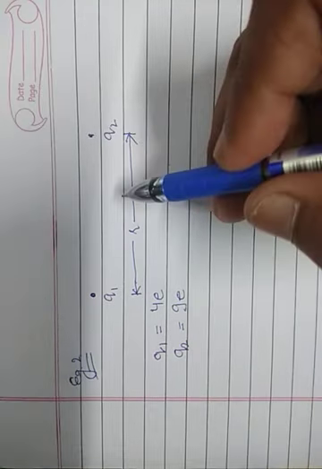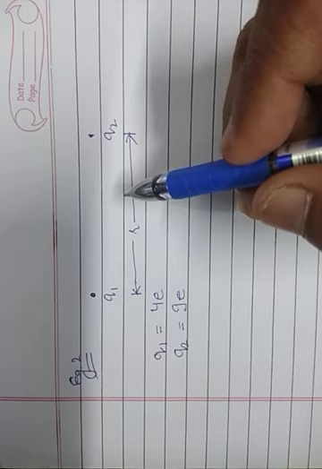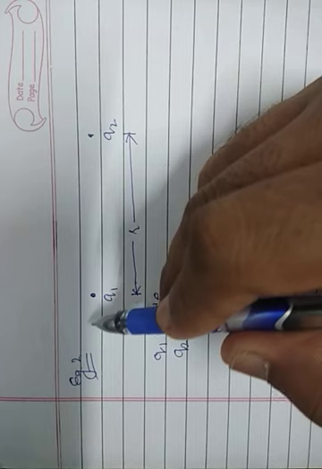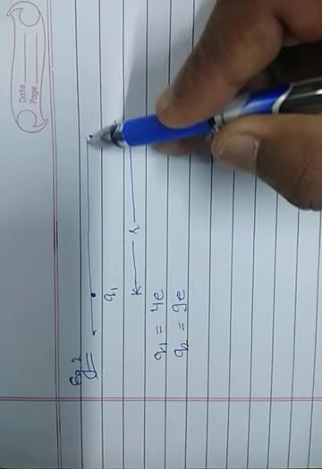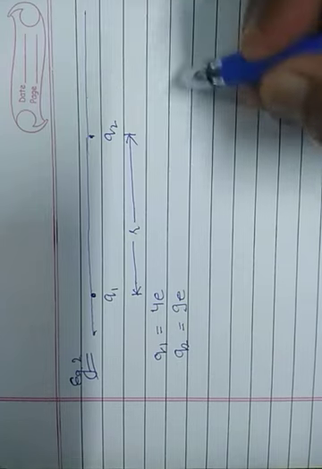Now the question says: where must a third charge be placed on the line joining the two charges? So this is the line joining the two charges, and on this line we have to place another charge Q3.